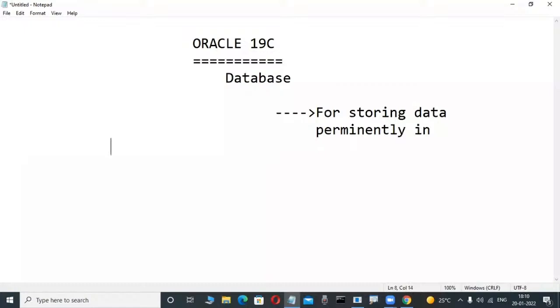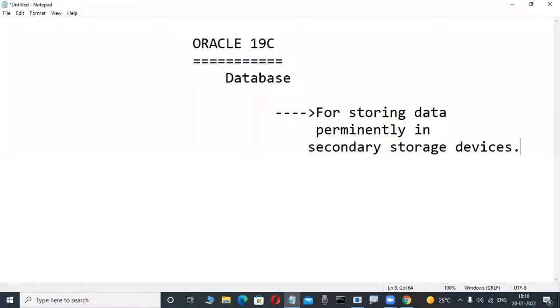Secondary storage devices means maybe a hard disk. Permanent. Suppose today we are storing our data, after 5 years, 10 years, 20 years, after 100 years also your data is available.